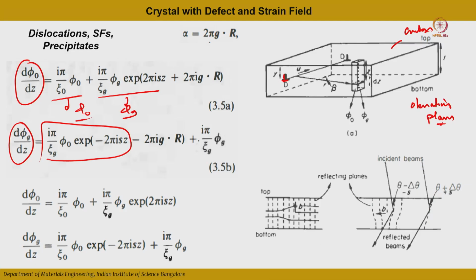It means that locally, due to the presence of the defect, the deviation parameter will change. What is the deviation parameter? Especially the S. This is due to the bending of the planes. This is related to your bending of the planes.